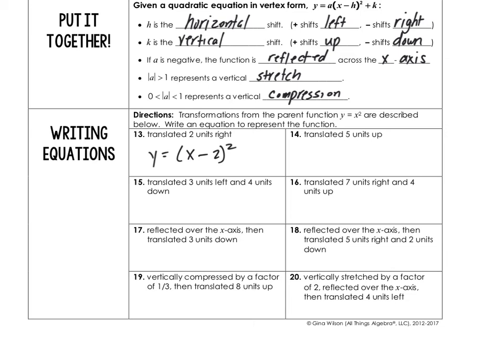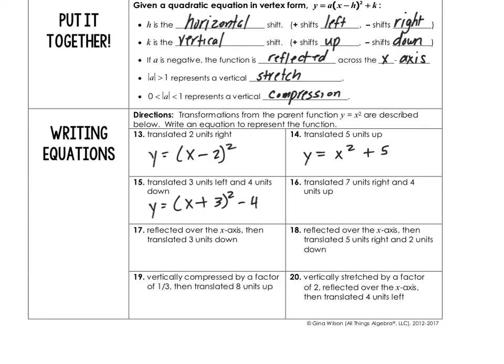I'm just referring to this up here, okay? Translated 5 units up. That'll be y equals x squared plus 5. Translated 3 units left and 4 units down. That'll be y equals parentheses x plus 3 squared minus 4.